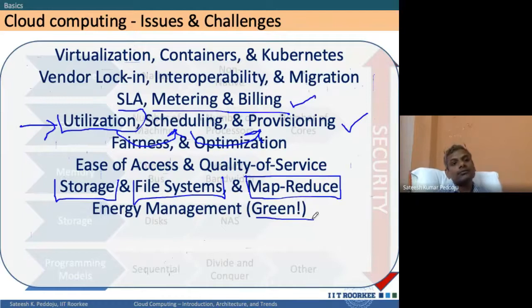But if you have millions of systems all together, imagine how much heat they are generating and how much power they are consuming. That's a very important concern. And how is this heat going to impact the sensitive hardware parts of the computing system?